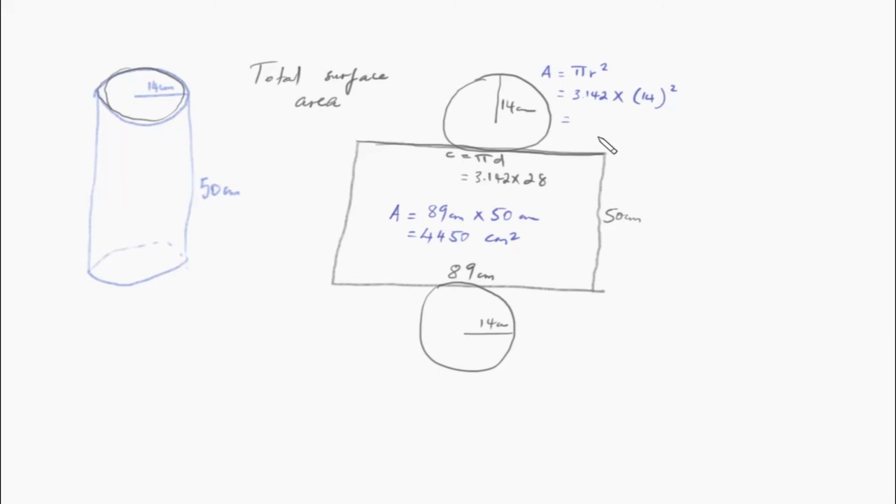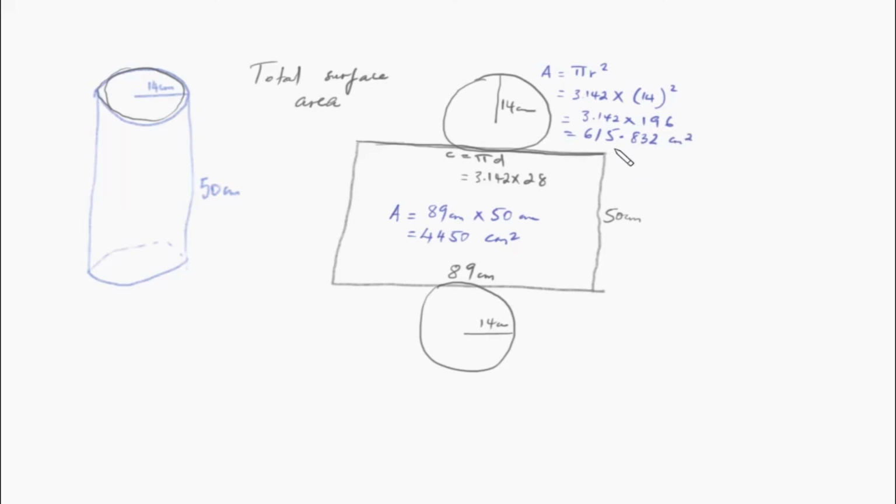It gives us 196. So we have 3.142 times 196, which is equal to 615.832. This would be centimeters squared.